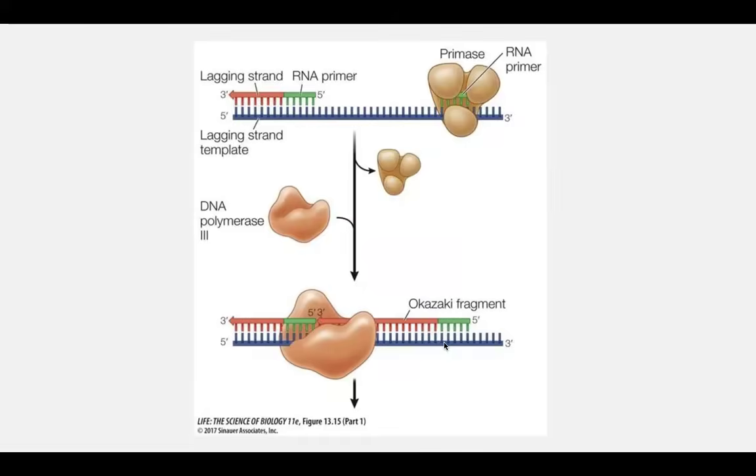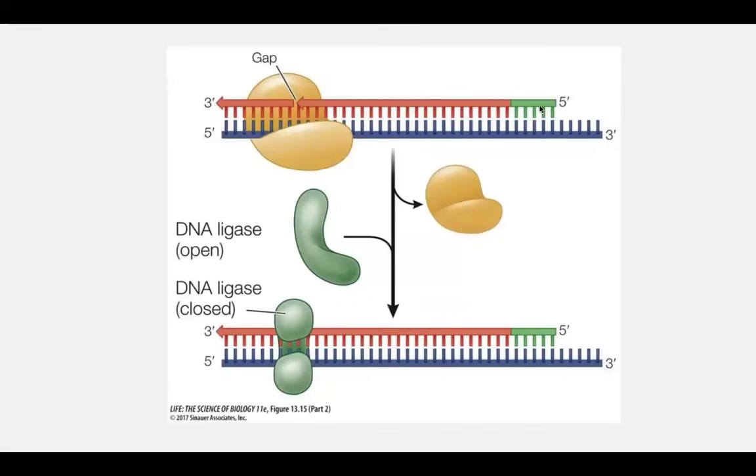So DNA polymerase 1 comes in and replaces these RNA primers with DNA. However, there are gaps in the middle between Okazaki fragments. So these gaps are closed up by ligase. DNA ligase is known as the gluing enzyme, so it creates the final linkages between these Okazaki fragment segments so that it can be a smooth strand.